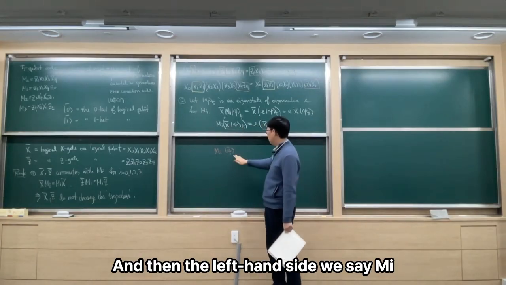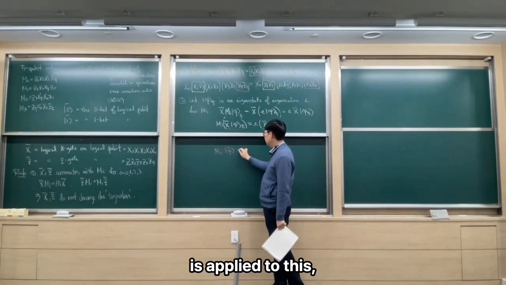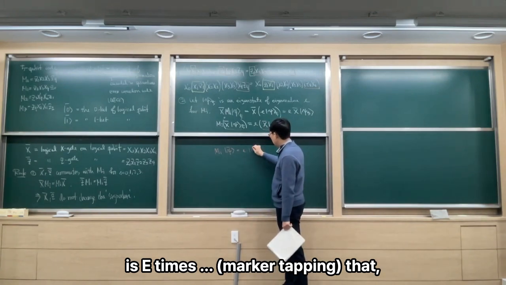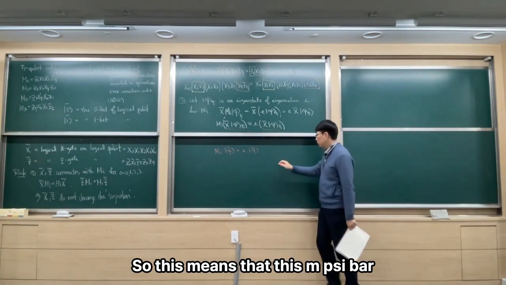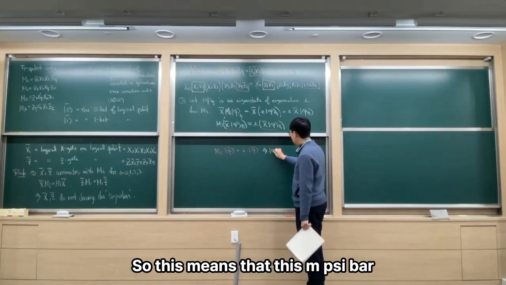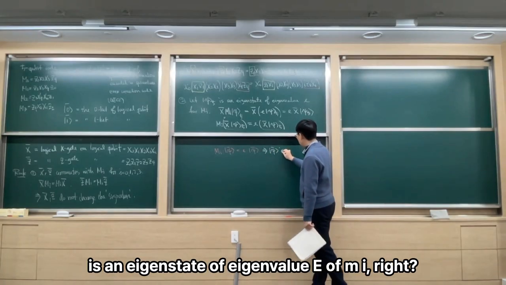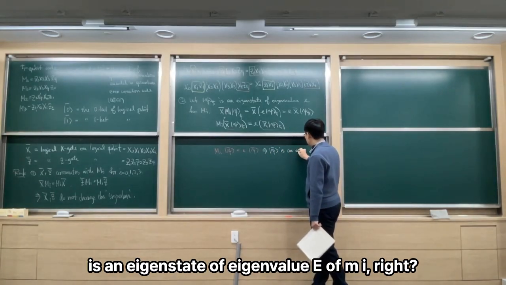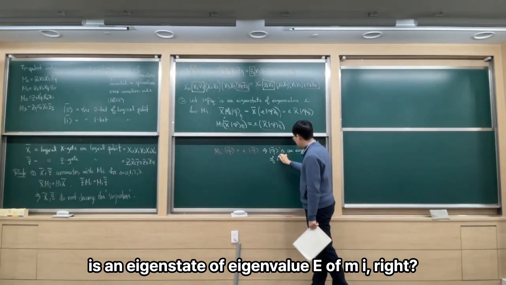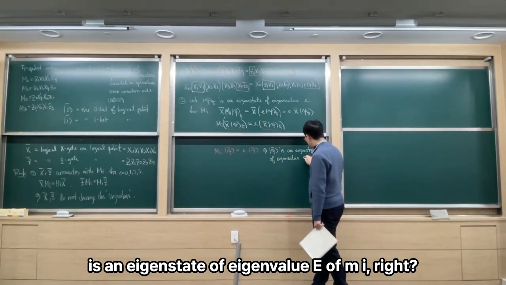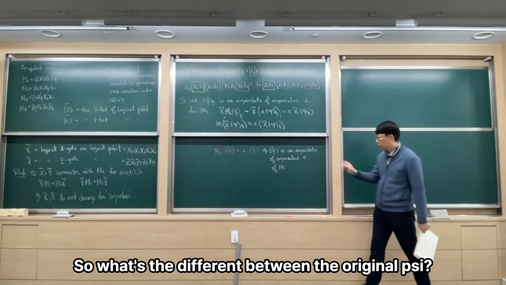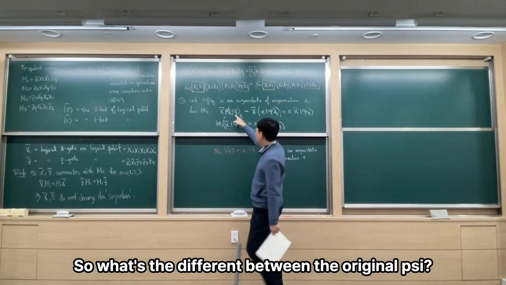On the left-hand side, Mi is applied to this, and on the right-hand side is E times the same thing. So this means that this psi bar is an eigenstate of eigenvalue E of Mi, right?